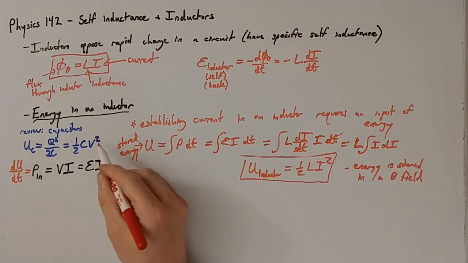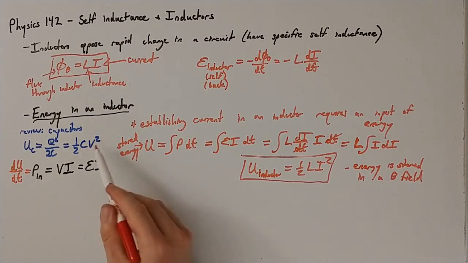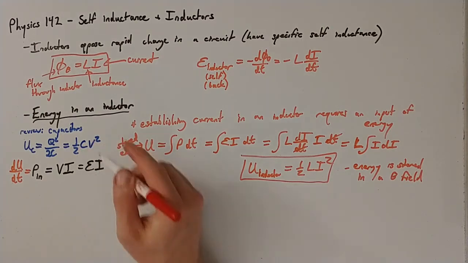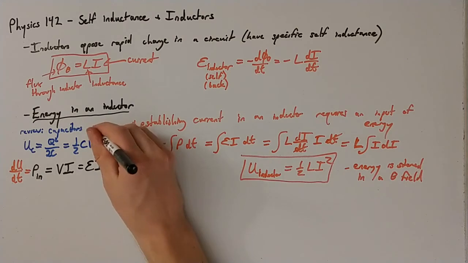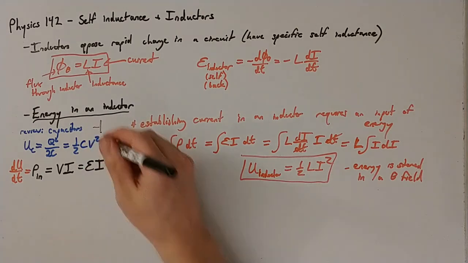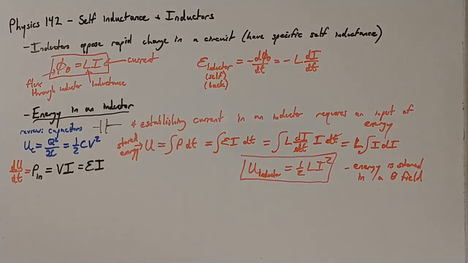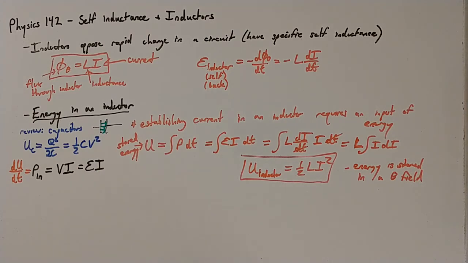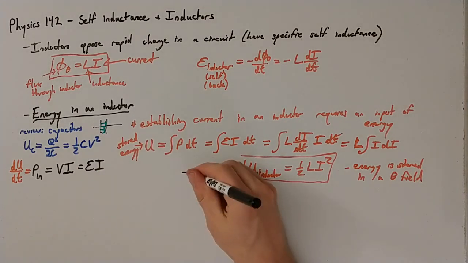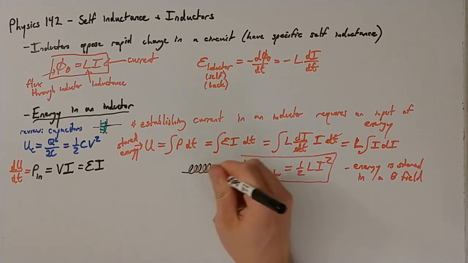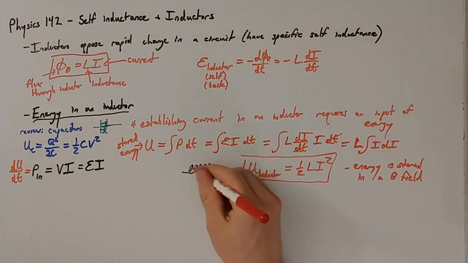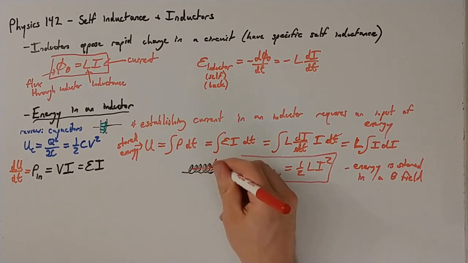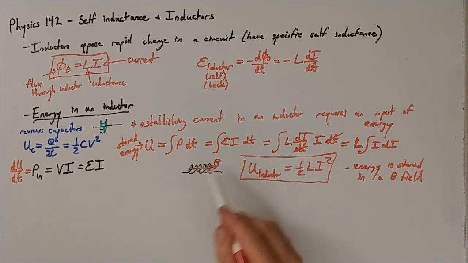For a capacitor, we had some electric field between those two plates, and the potential quantified our walk through that field. For an inductor, we've got current flowing, and so you're going to have some magnetic field in that inductor, and that is where your energy is stored.